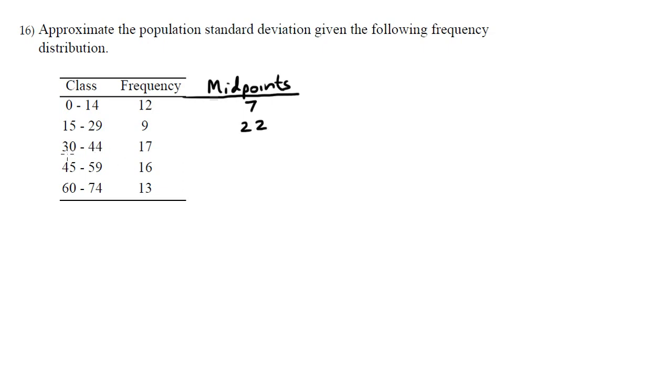30 plus 44, that's 74. 74 divided by 2 is 37. 45 and 59, that is 104. 104 divided by 2 is 52. 60 and 74, that's 134. 134 divided by 2 is 62.